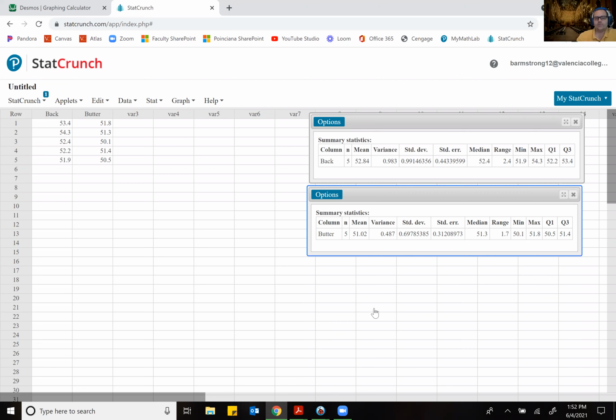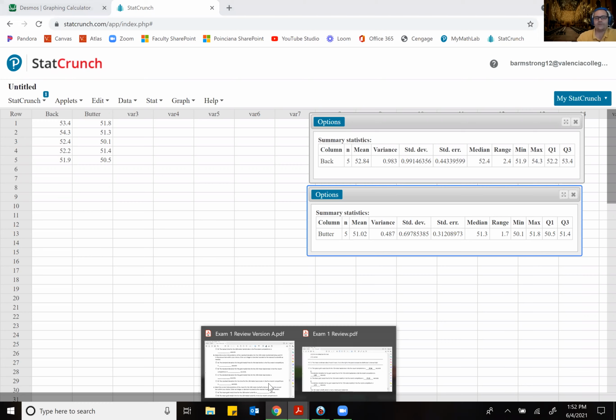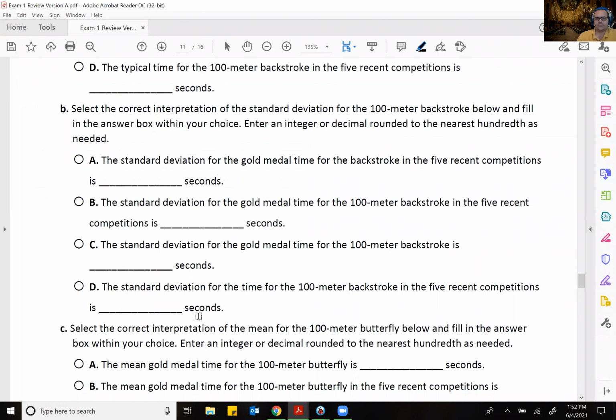All right. So we come back here. Now the question is, which one of these is the answer for that? Is it B? It is B. And in the blank, 0.99.